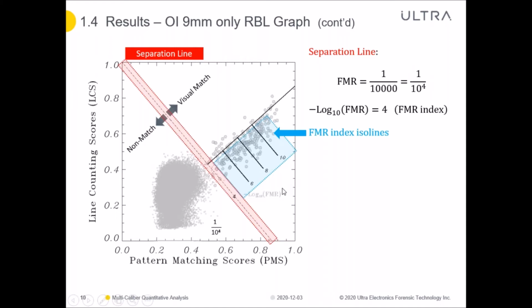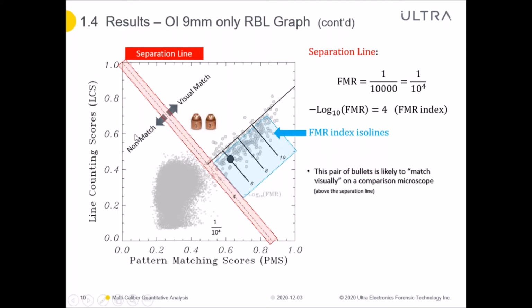To fully understand how the RBL graph works, we actually took a suspected matching pair of bullets and correlated them together to get that correlation score right here. The location of that correlation score on the graphic allows me to draw two conclusions already. The first one is that this pair of bullets is likely to match visually on a comparison microscope, because that's the way we train the system.